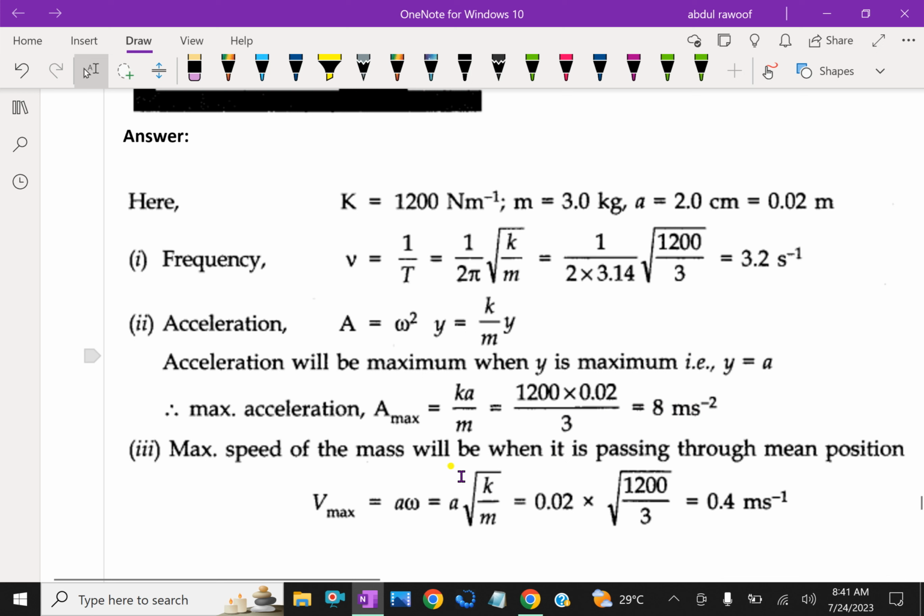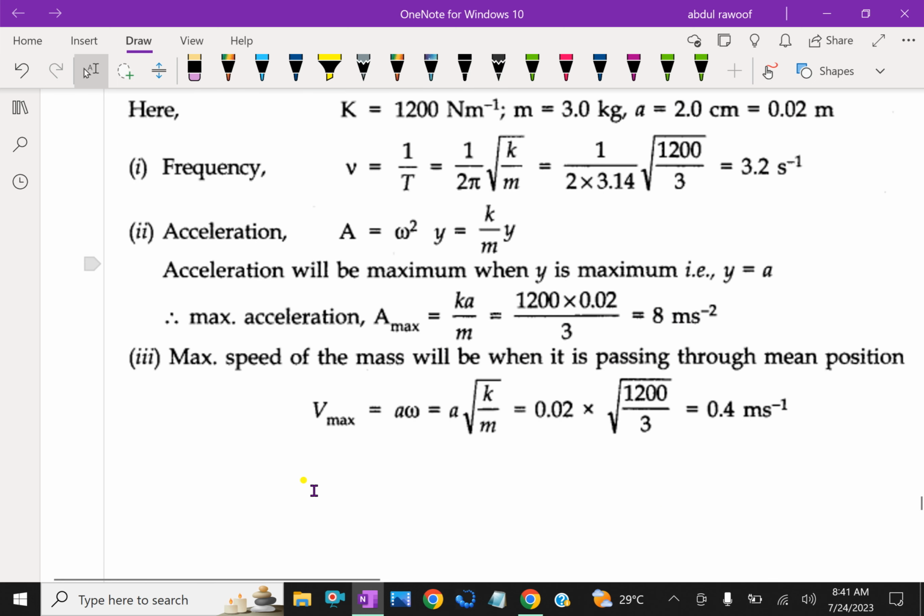Maximum speed of the mass will be when it is passing through the mean position. For SHM, velocity is maximum at the mean position, therefore v max equal to a omega, which is a into square root of k by m. A, the amplitude, is 0.02.